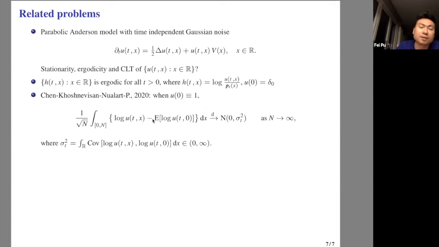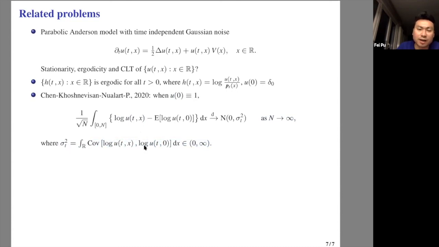We proved the following CLT for the KPZ equation. Here, in the integrand, we look at log of u(t,x), we subtract its expectation, and then we take the integral and divide it by square root n. This is the normalization. We prove that this normalization converges to a centered normal distribution, and the variance sigma_t squared is given by this integral.